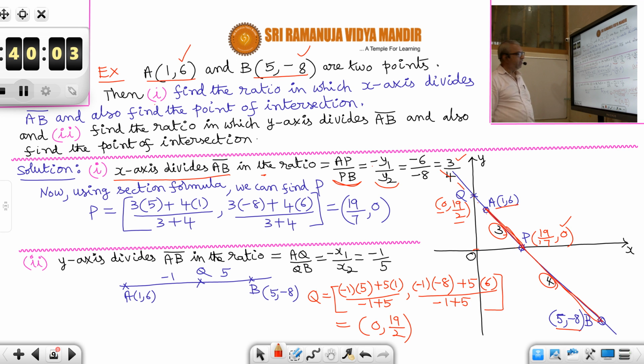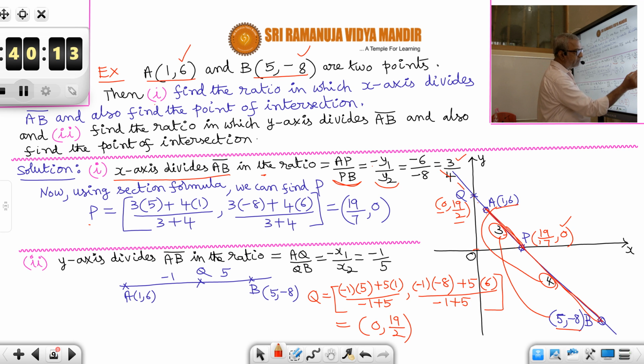Then find the point P by using the section formula. P is equal to what? 3 into this x coordinate, 3 into 5 plus 4 into that x coordinate 1, by 3 plus 4. Similarly y coordinate: 3 into this side y coordinate minus 8 plus 4 into that side y coordinate 6, by 3 plus 4.